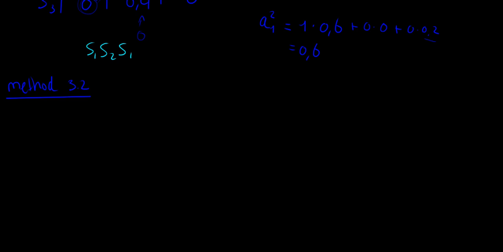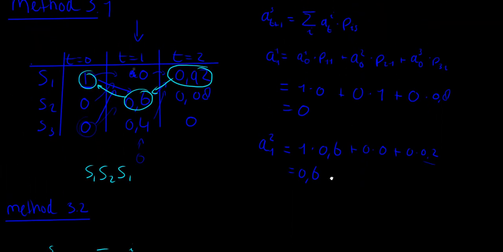So beforehand, we had A of t of a state S is the sum of all states I of, for t plus 1 for the next one, A of t of a state I multiplied with the transition going from I to S. Is that correct?